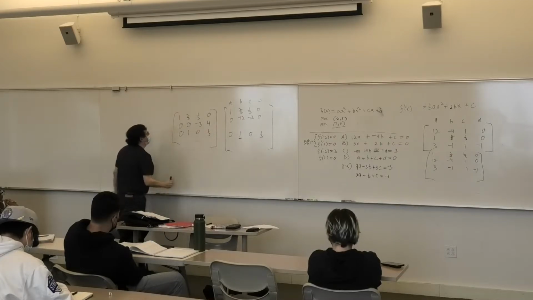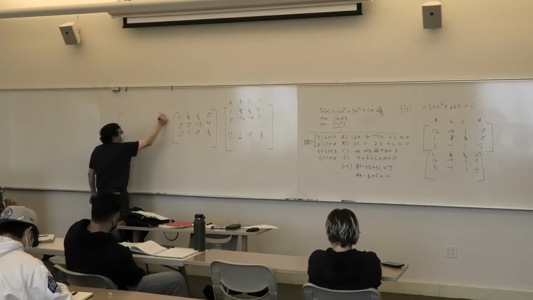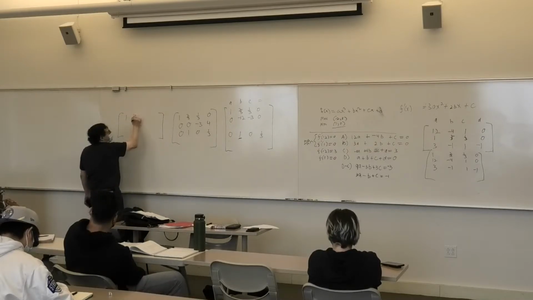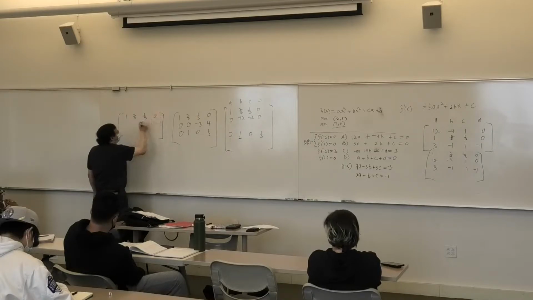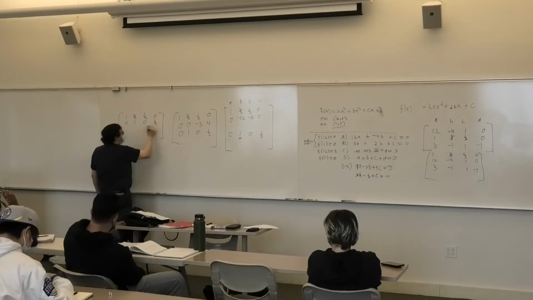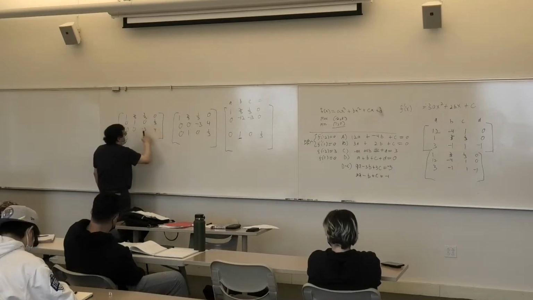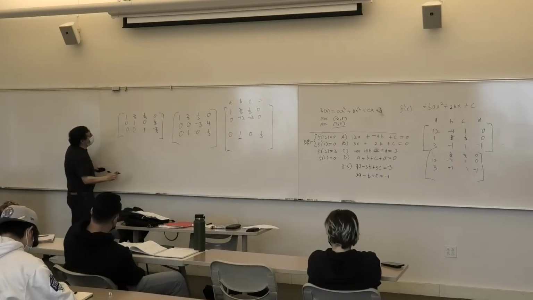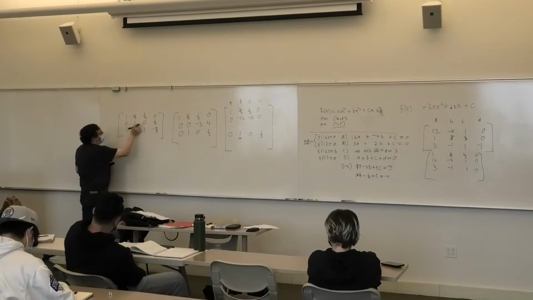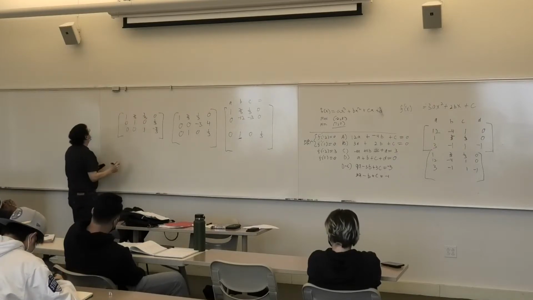And I want to switch these two. I'm going to divide this by -3. And now I'm almost there. I want to multiply this by -2/3 and add it to this.